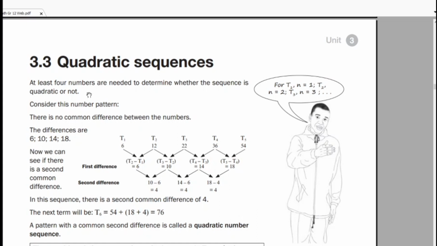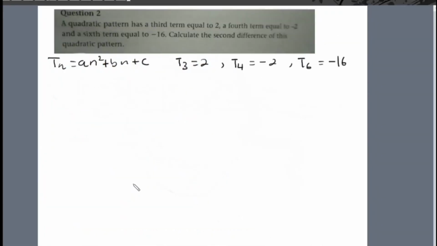And then how will you know ukuthi i-quadratic sequence after sebakunikelile lawo le number ezi4? Uzokwazi ukuthi i-quadratic sequence ngokuthi ube ne-second common difference, right? So ku question yethu we have been given ama values wama term i3, sino T3, T4 no T6.